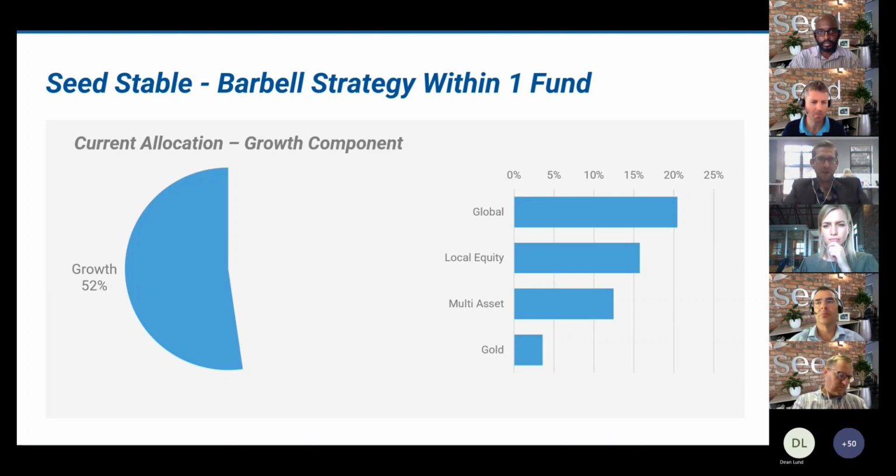The building blocks within this component are the C Global Fund, US long treasuries, and US dollar auto calls. So again, the global fund aims to deliver US cash +3, and with cash sitting around 4 or 5%, we're getting to high single digits dollar returns.